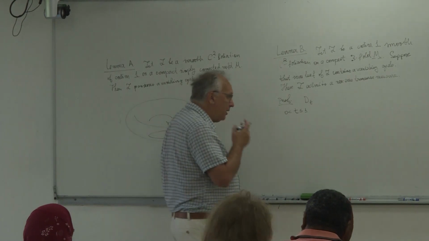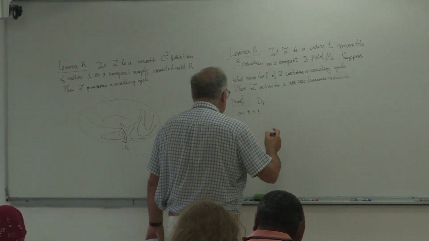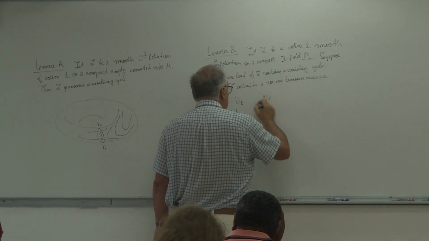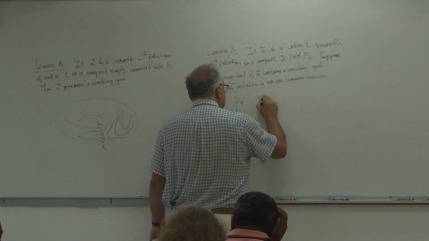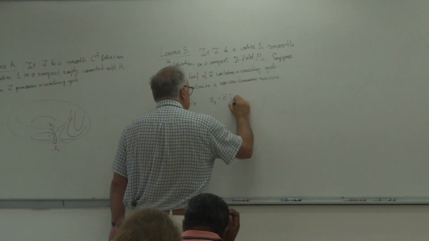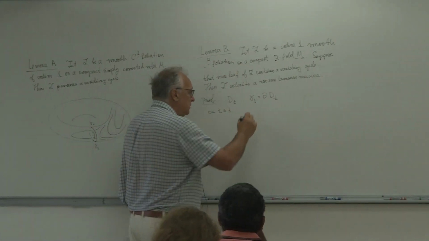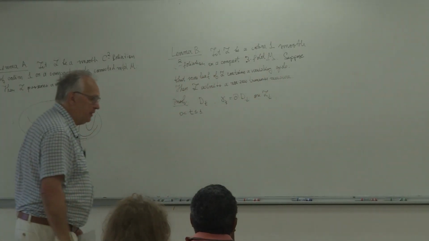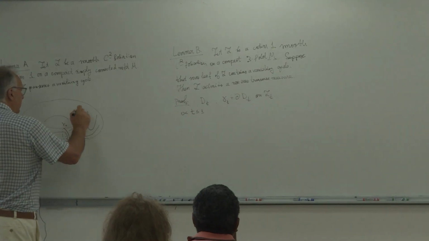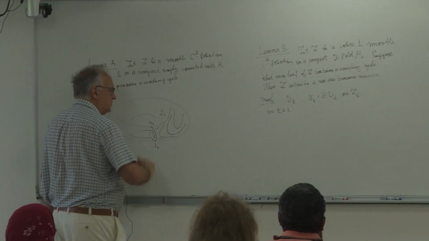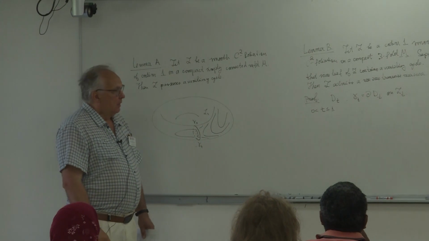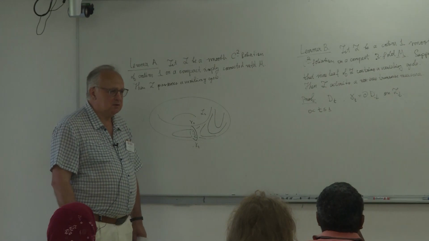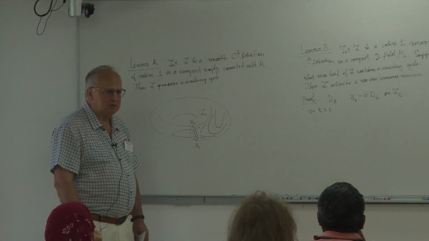So now, two observations. The length of gamma t, which is the boundary of this disk, on the corresponding leaf, which I will denote by Lt, and the final leaf as L0. Now I choose some Riemannian metric on my manifold.